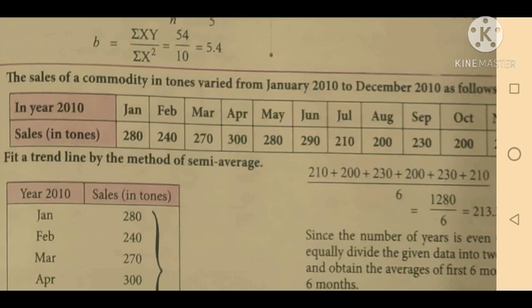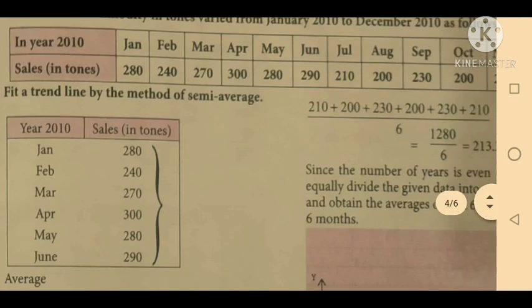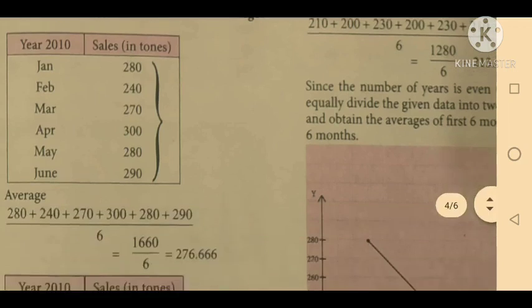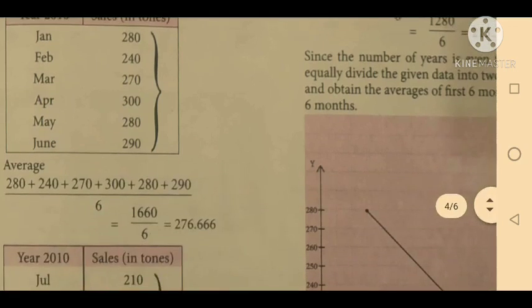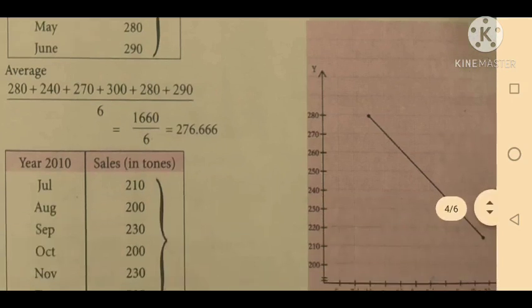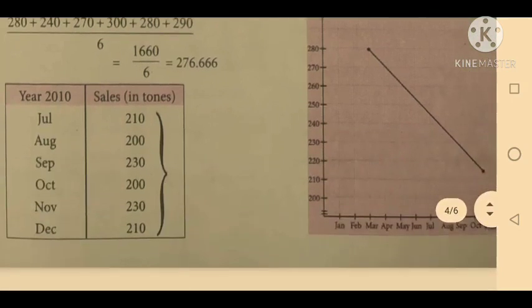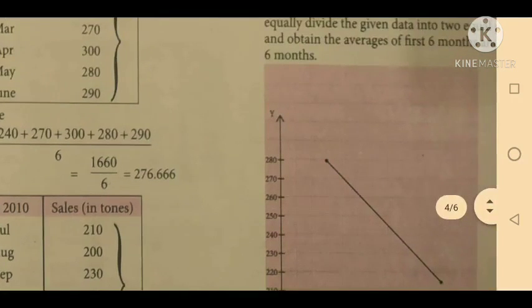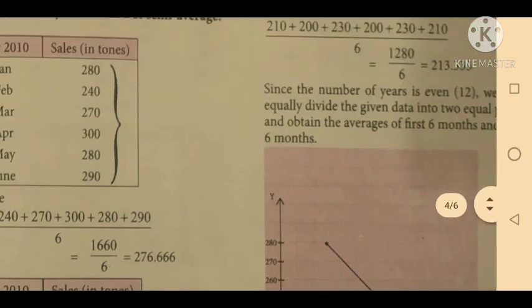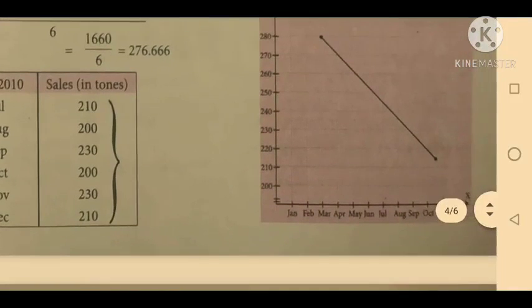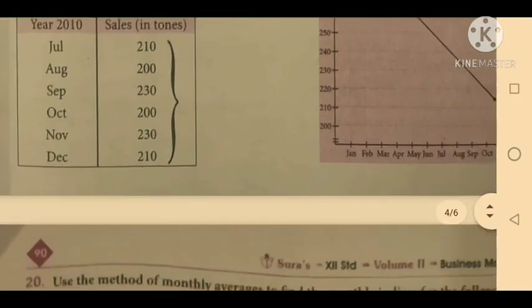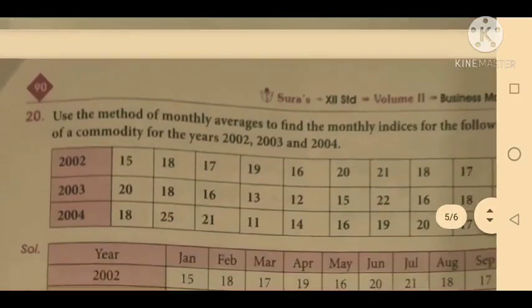Semi-average means we divide the year into two equal parts, that is January to June, one average. We find the average for those by dividing it by 6. Okay. And then from July to December we divide it by again 6 after the summation. So we are getting 2 points. So plot those 2 points in the graph and draw a line across it. Okay, you get the value of semi-average method.